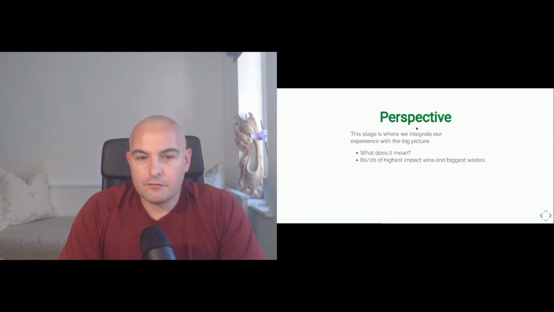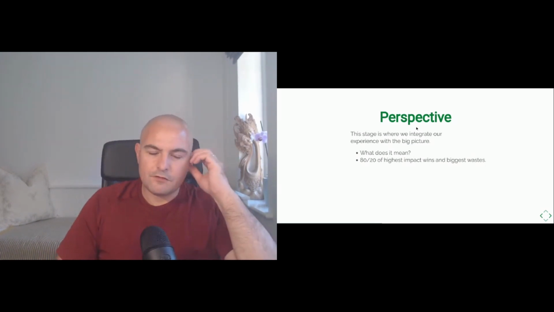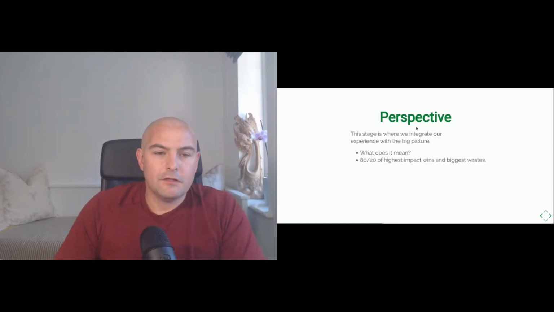It's got a really nice treatment of the 80-20 rule applied to learning. So this is where we're really trying to contextualize what got done, what didn't get done and should have, essentially what lessons do we want to learn, and what tensions can we begin to resolve.